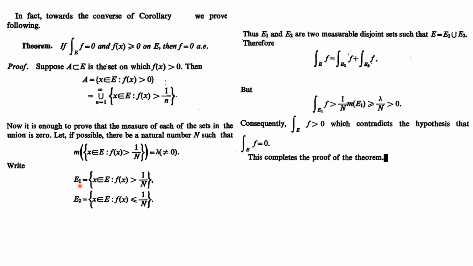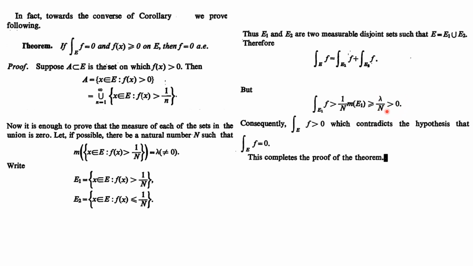On E1, the value of the function is strictly greater than 1/N, so we can replace f with 1/N. We will get the integral of 1 over the set E1 times 1/N. Now this is nothing but the measure of E1, and the measure of E1 is lambda. So we get the integral of f over E1 is greater than or equal to lambda/N, which is strictly greater than 0.